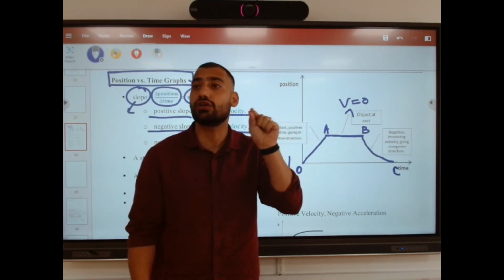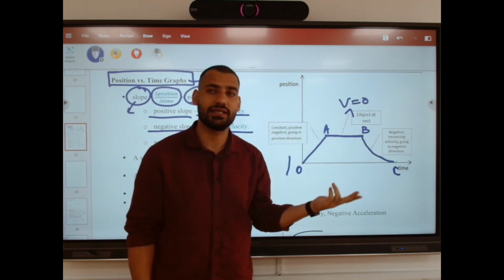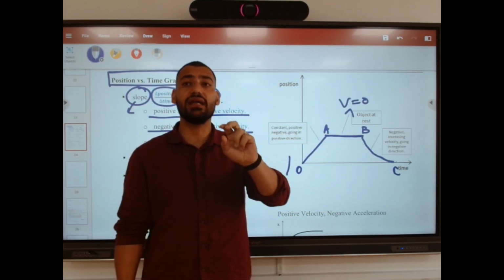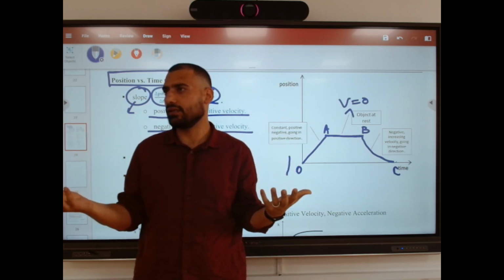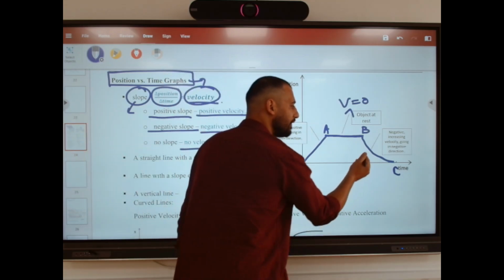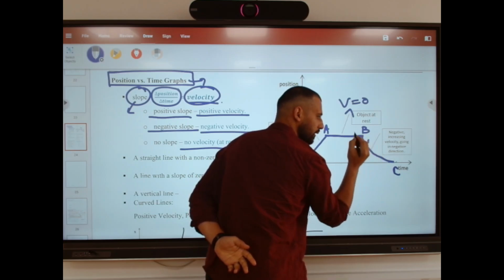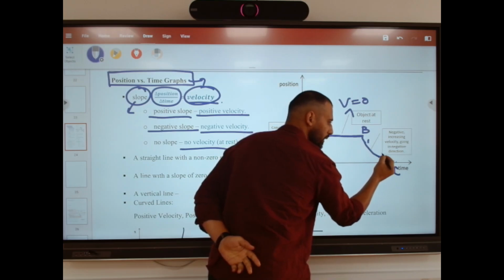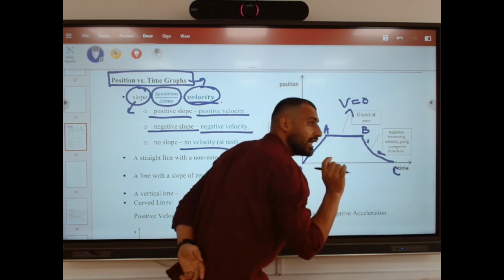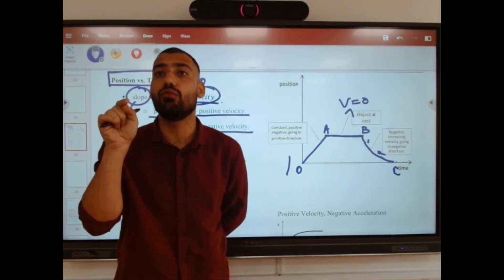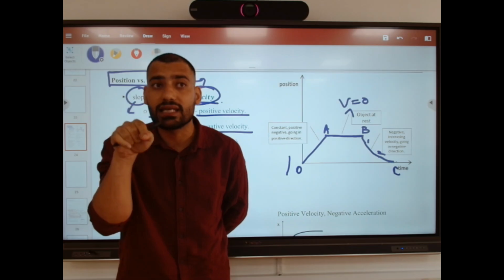So is the velocity constant? It is variable, isn't it? Now you have to understand, variable means change, isn't it? So can you tell me, if I select this point here, this point is 1, and then I select one more point here, this point is for example 2. Can anyone tell me where do we have more velocity and where do we have less velocity?